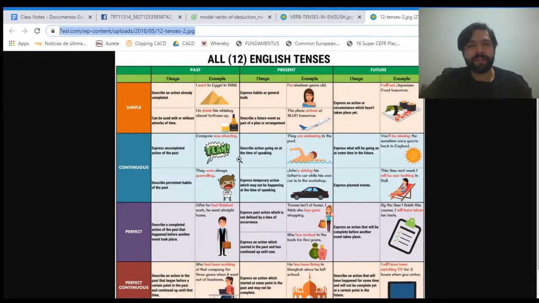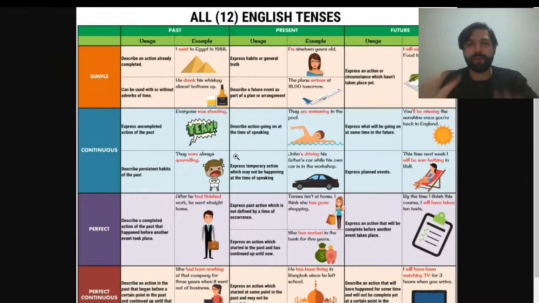This other page is pretty much the same thing, the 12 tenses: the past, the present, the future, the simple, continuous, perfect, and perfect continuous, with a brief explanation and a little example. So here you have more information about the tenses, which you may check for consultation, for the test, or for life, basically. Okay, that's it.